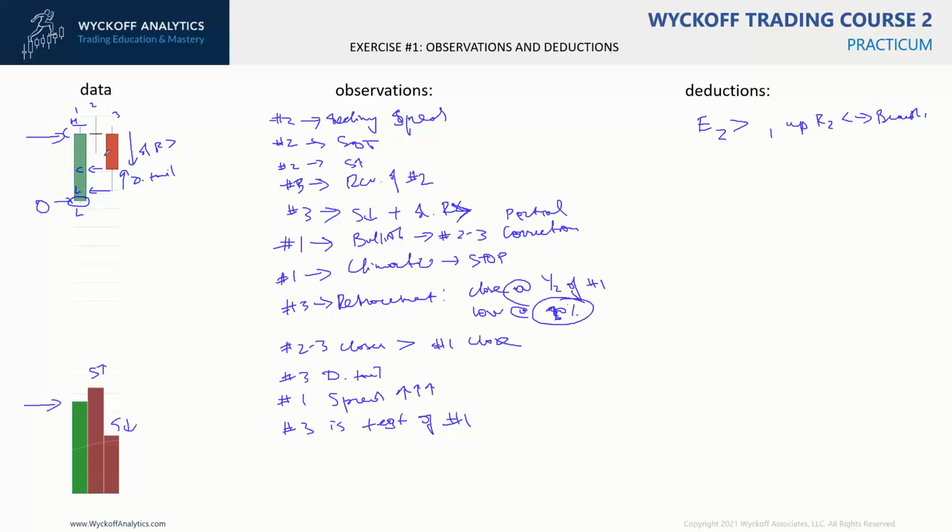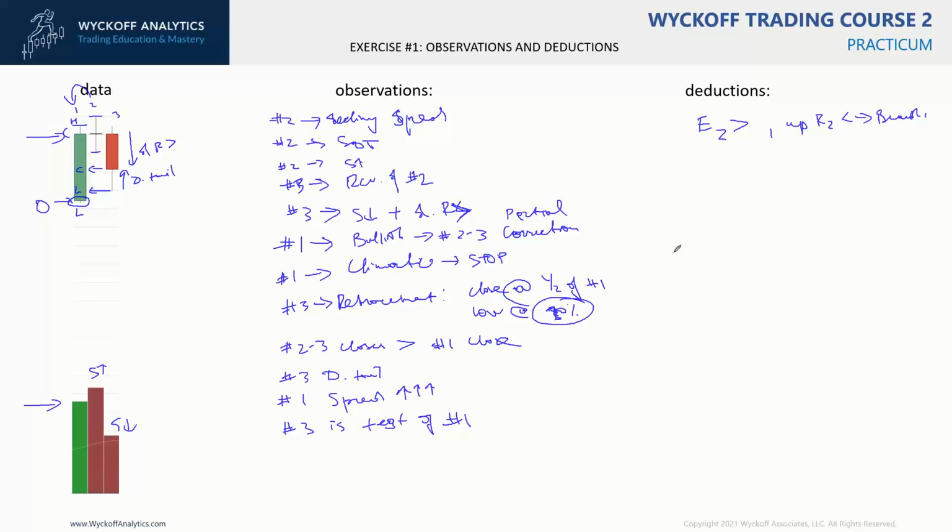Then do the same with bar number 2: relationship of the close and the high and the low to the close. Then relationship of bar number 2, as a lot of you mentioned, to bar number 1. The relationship of the result to the effort on bar number 2 that suggests the reaction. Then bar number 3, which acts as the test of the supply coming in, and then the relationship of bar number 3 to bar number 1, which you spent a lot of time on, guys, which is great.